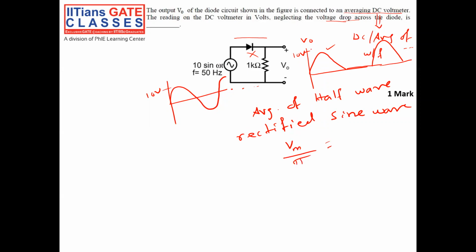In this case, the amplitude is 10 volt, divided by pi. What is the answer? 10 divided by pi, 3.18. So the answer should be 3.18 volt.